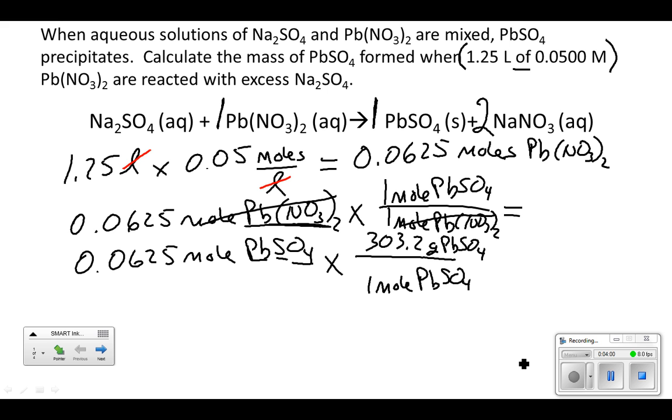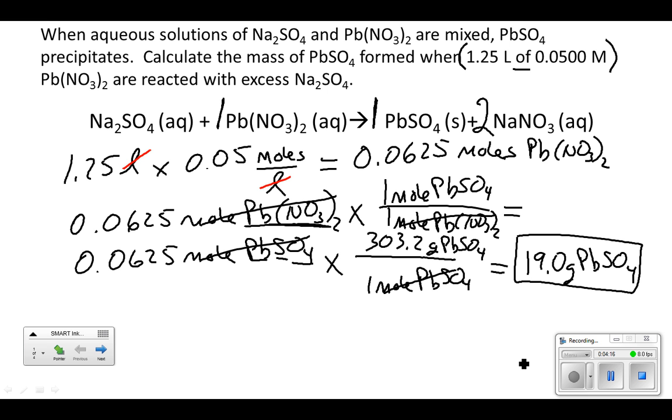So again, the units are going to cancel out here, here, and this will come out to be, when we round it to 3 significant figures, 19.0 grams of lead-2 sulfate. So I would suggest going back and looking at the steps and following through each one of the steps in that problem to see why we did what we did.